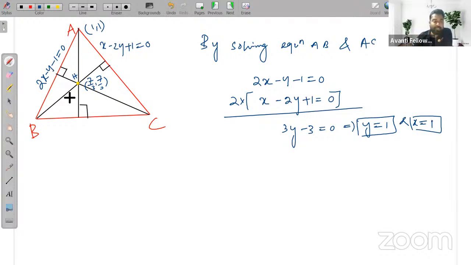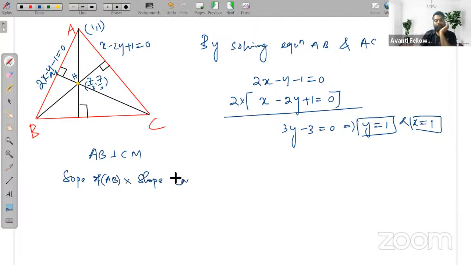Suppose these two lines meet at point M. AB is perpendicular to CM, so slope of AB into slope of CM is equal to -1.